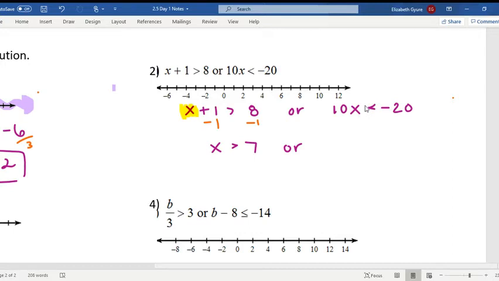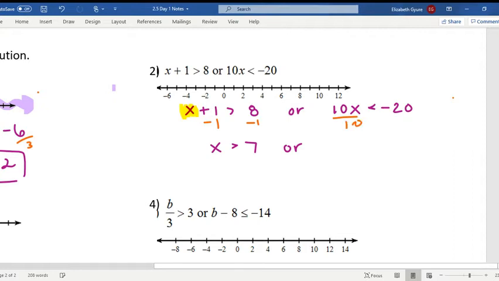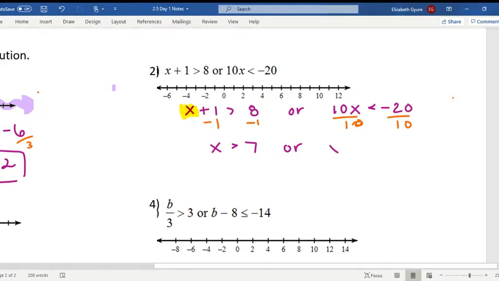Thank you, Peyton. Yes, you would divide. Peyton said we are going to divide by 10, and I absolutely agree. So divide by 10, and we're going to have x is less than negative 20 divided by 10, which is negative 2.